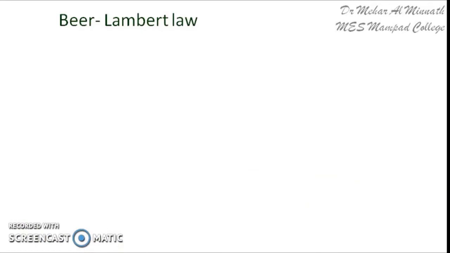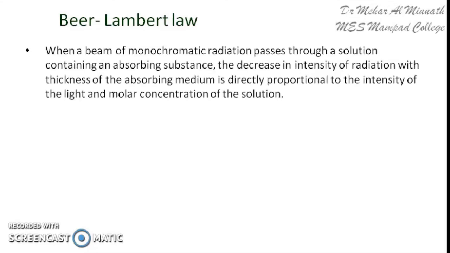Now next is the Beer-Lambert law. The Beer-Lambert law is a combination of Beer's law and Lambert's law. If Lambert's law gives us the relation between absorbance and intensity of incident radiation, Beer's law gives us the relation between absorbance and concentration of the solution.